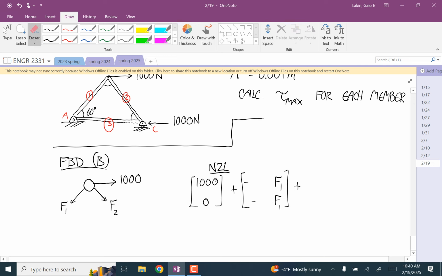This should be negative 0.5 for the X component, and negative 0.866 for the Y component. And then we have positive 0.5 F2 for the X component, negative 0.866 F2 for the Y component. And all that's equal to zeros.